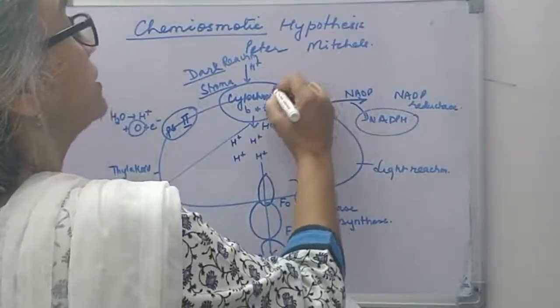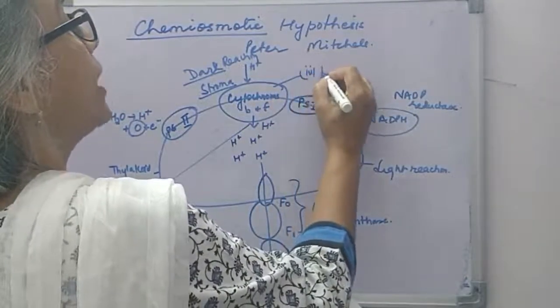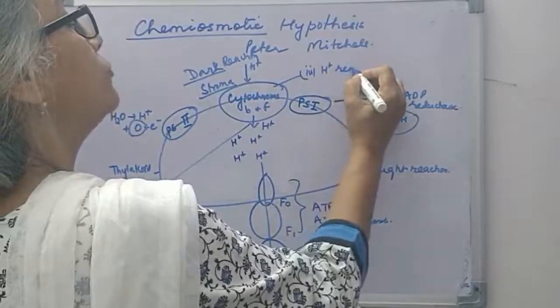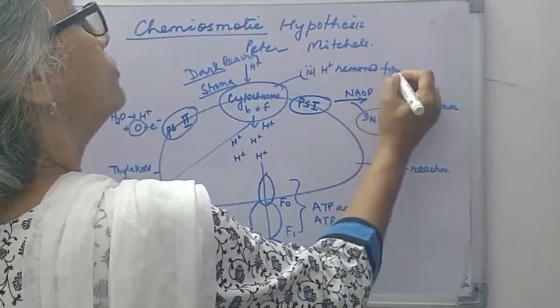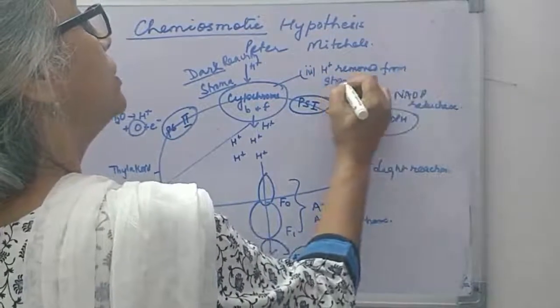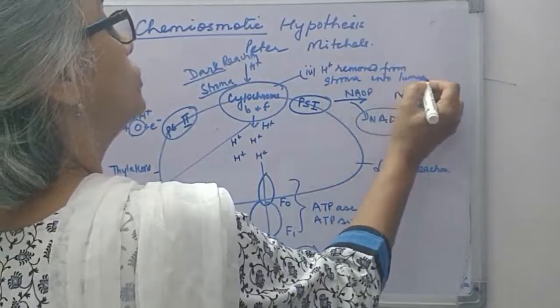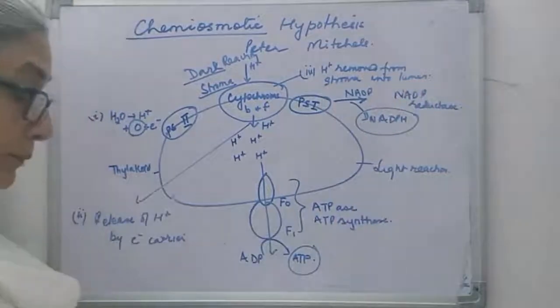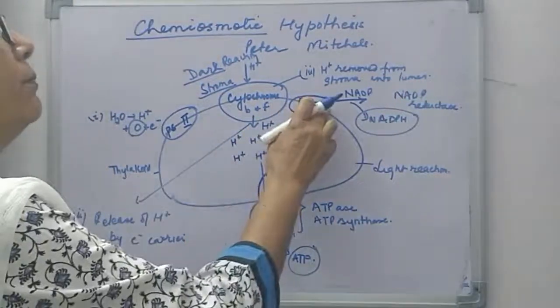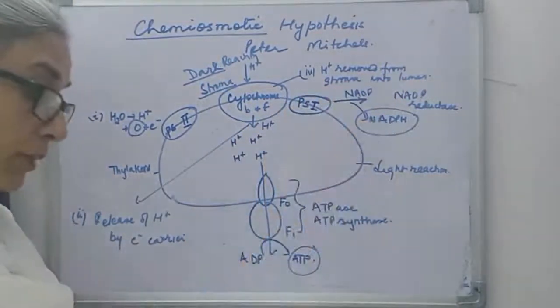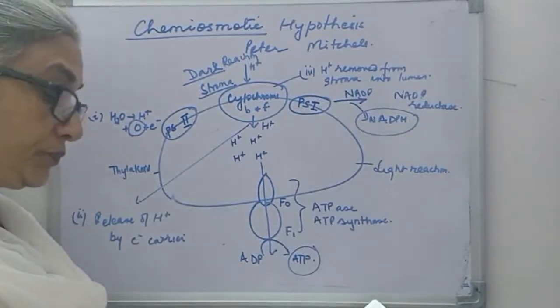So here we can say third step, hydrogen ions removed from stroma move into the lumen, and there they combine with NADP and form NADPH.